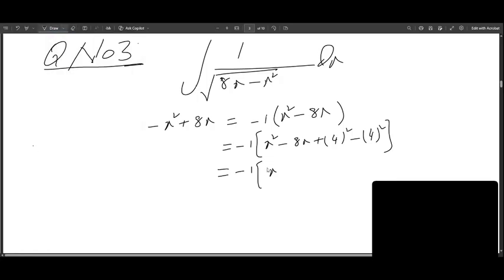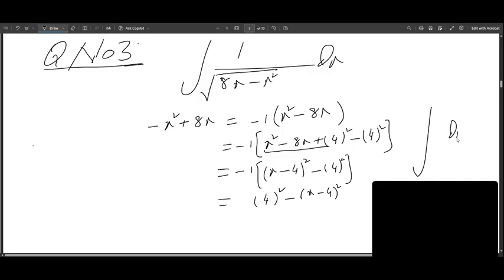You can see here, that is x minus 4 square minus 4 square, and that can be turned into 4 square minus x minus 4 square. And we know there is a formula, a rule, which is that a square minus x square gives sine inverse x over a plus c.